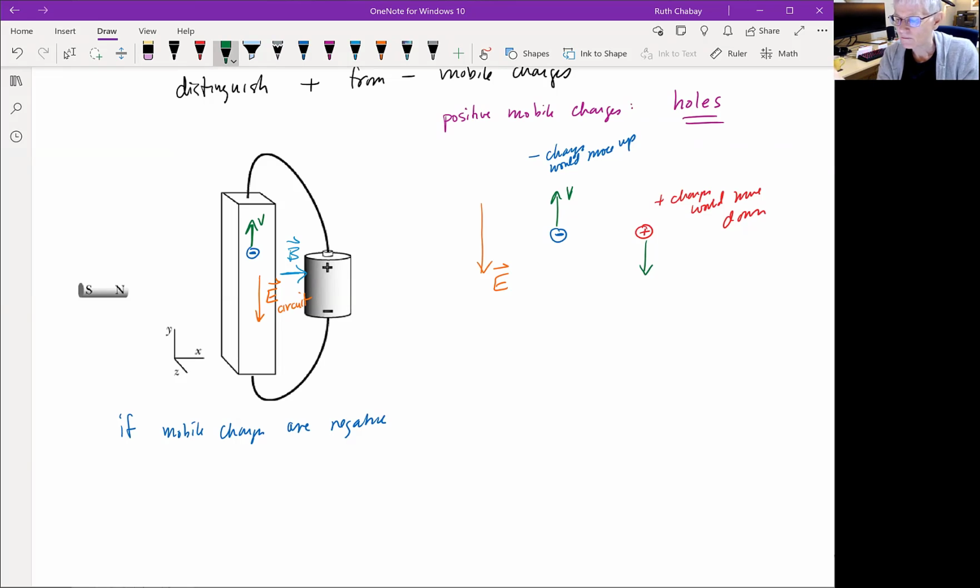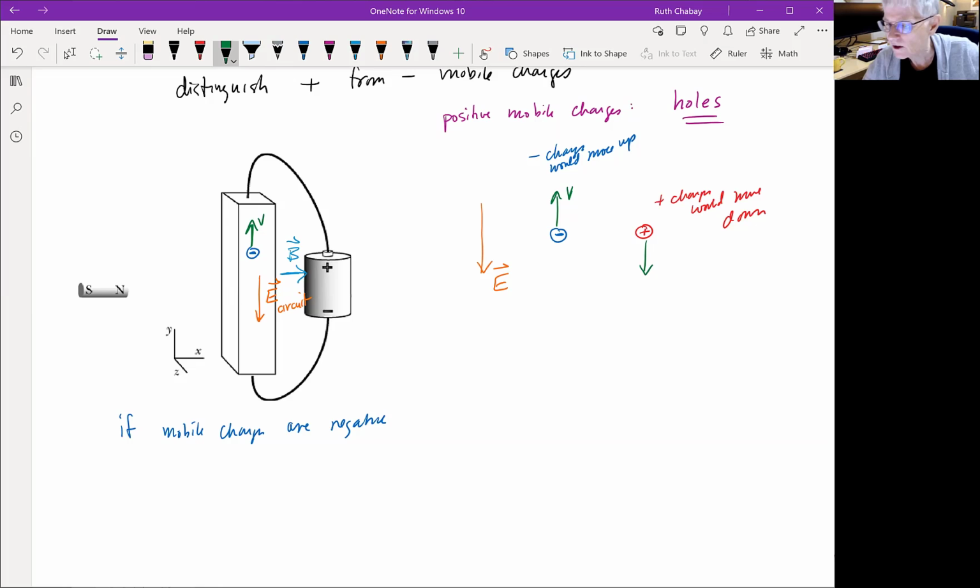And so would there be a force on this mobile electron? V is in the plus y direction, B is in the plus x direction. And so I get a force, a magnetic, V cross B is into the bar, sorry. But because this is an electron, the magnetic force is actually out of the bar.